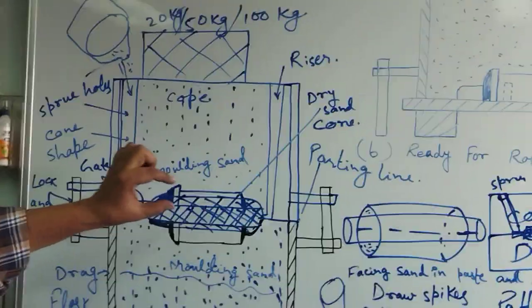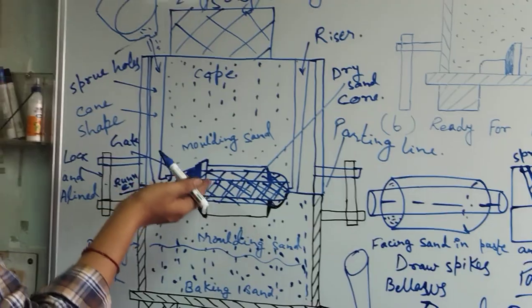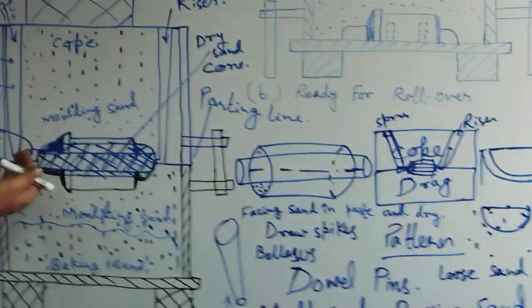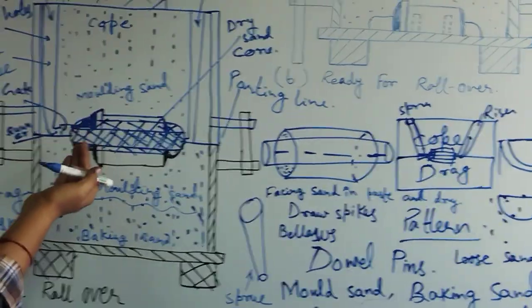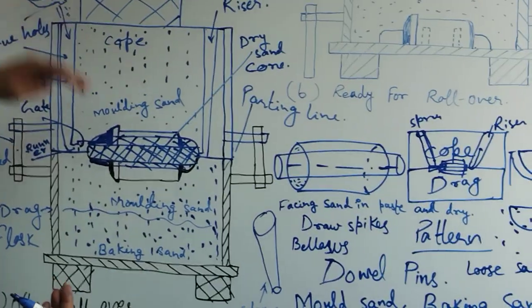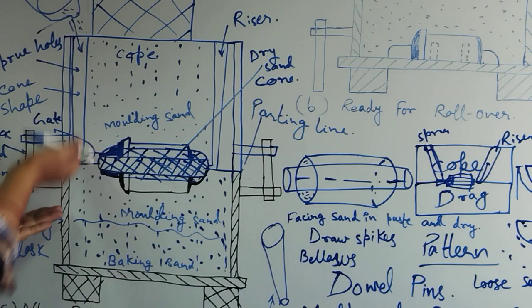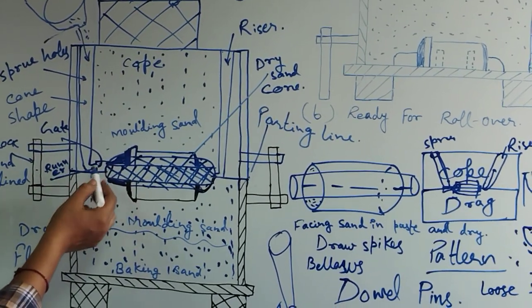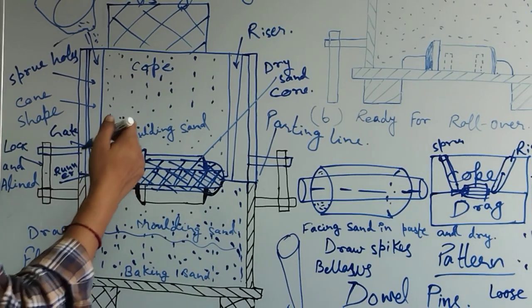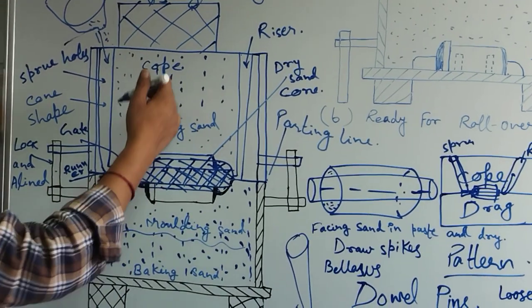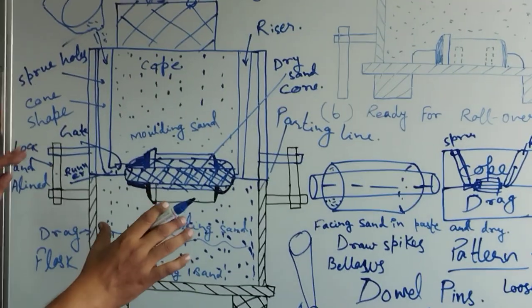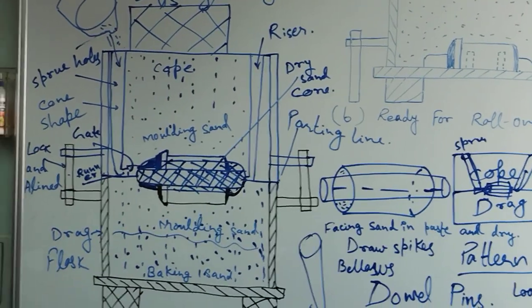From this force, the cope portion may be pushed up or broken, up by about 1 centimeter or 2 centimeters or more, and then the system will not work properly.